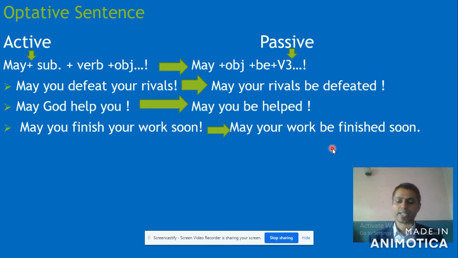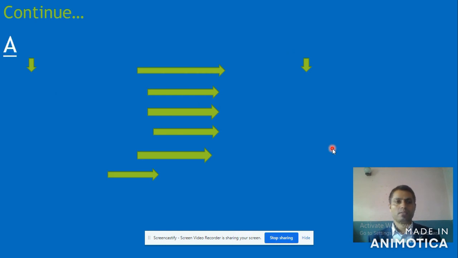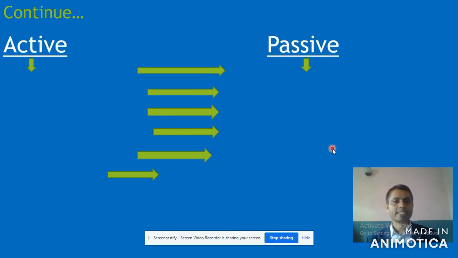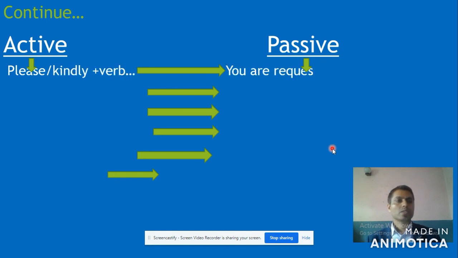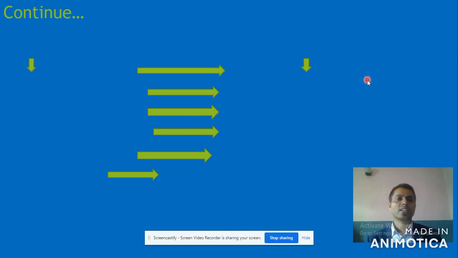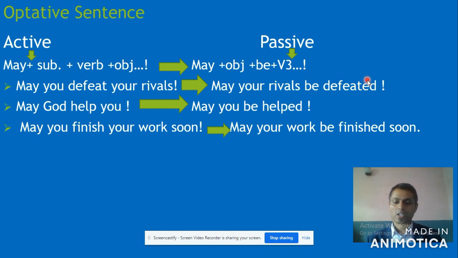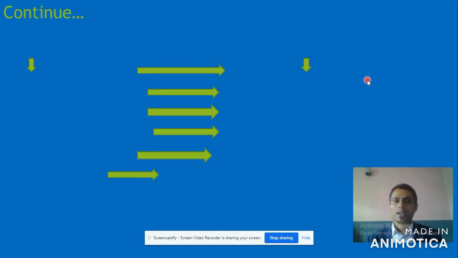Now look at the next one, active and passive. Please or kindly plus verb. So you can read here, you are requested to plus verb 1. This is actually an imperative sentence, but the function is different.